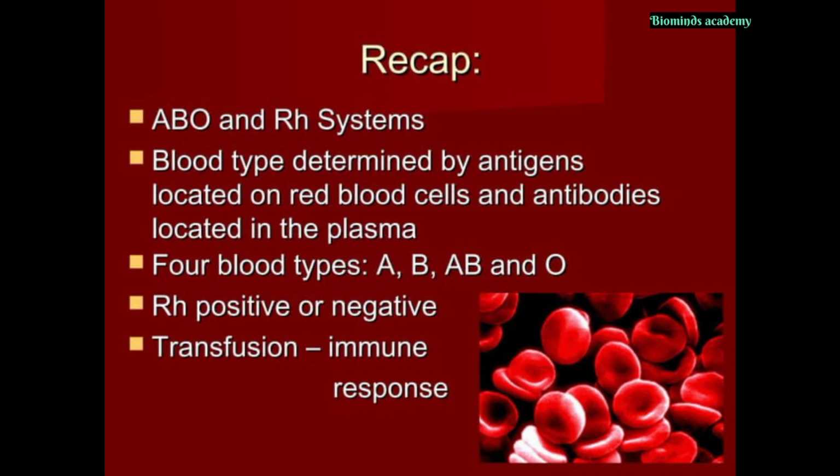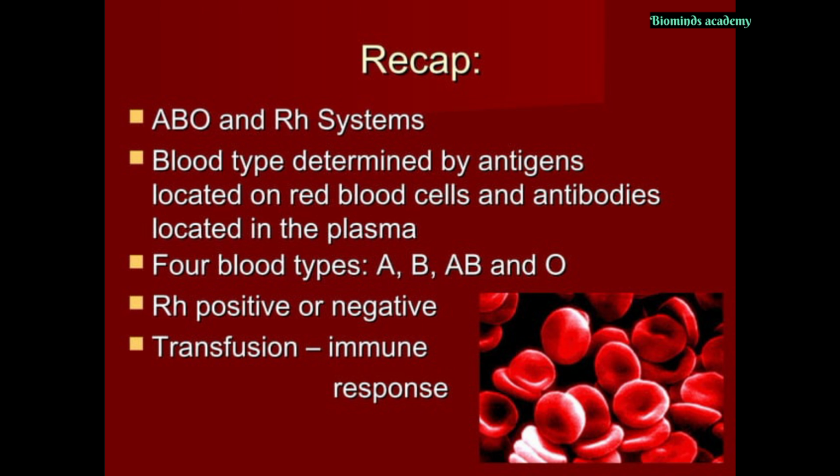For revision, the ABO and RH systems: blood type is determined by the antigens located on the red blood cells and the antibodies located in the plasma. There are four different types of blood, that is A, B, AB and O, and RH positive or RH negative.